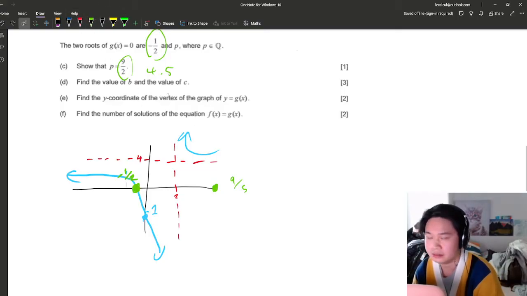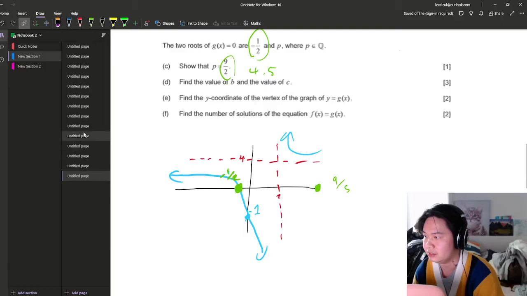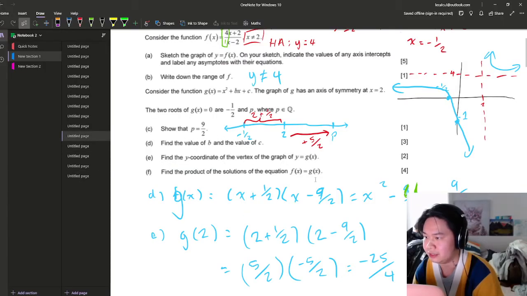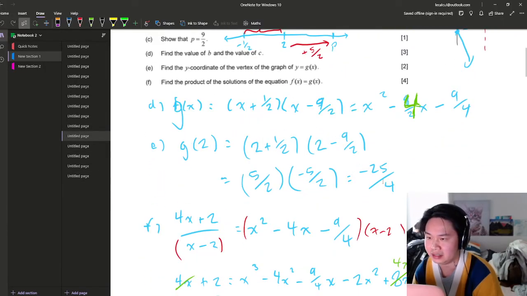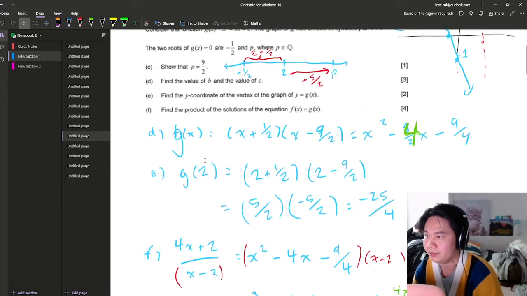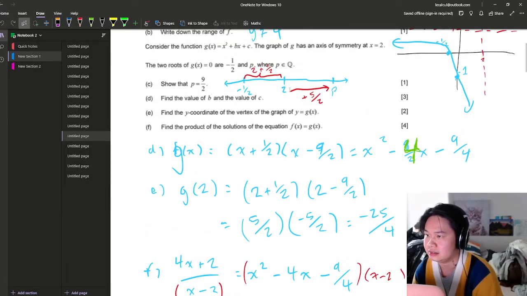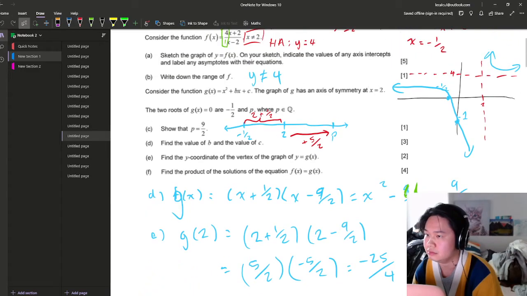And then you can look at where the vertex is. So that is in one of your answers in E. Find the y-coordinate of the vertex, which is -25/4 at x equals 2, right?